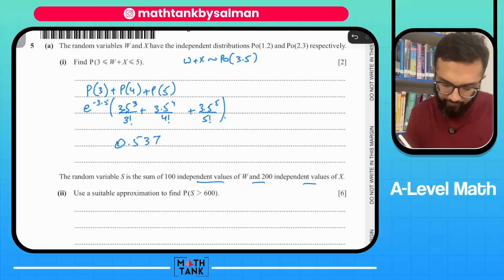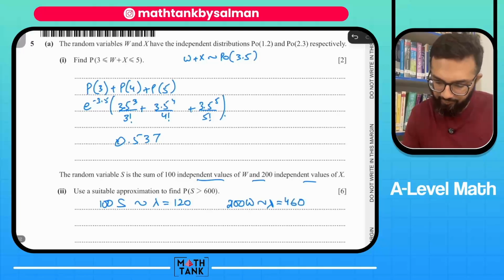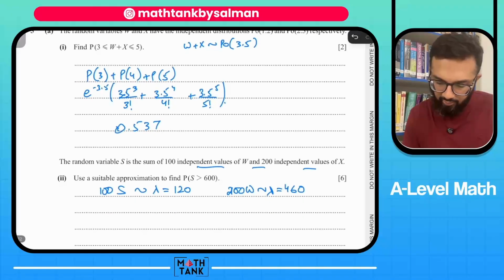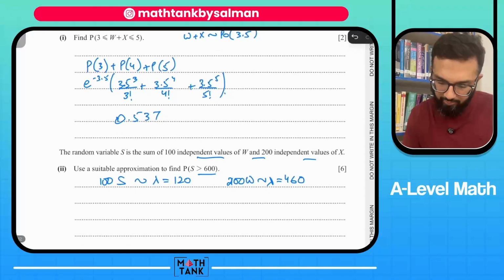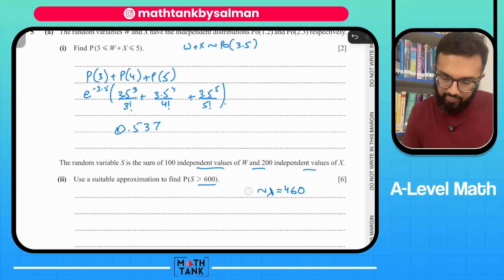So 100W will have a lambda of 120. 200X will have a lambda of 460. Okay, sorry, I think I've done it the other way around.